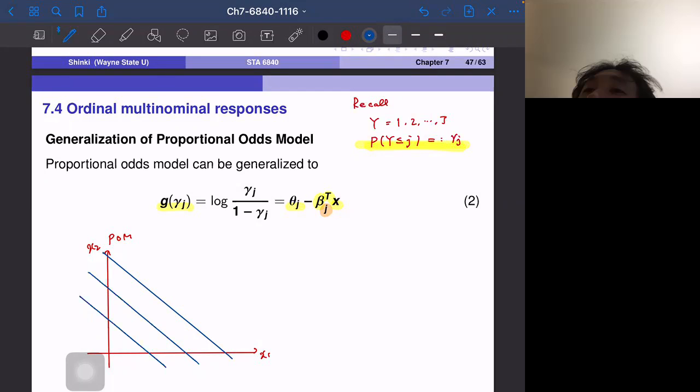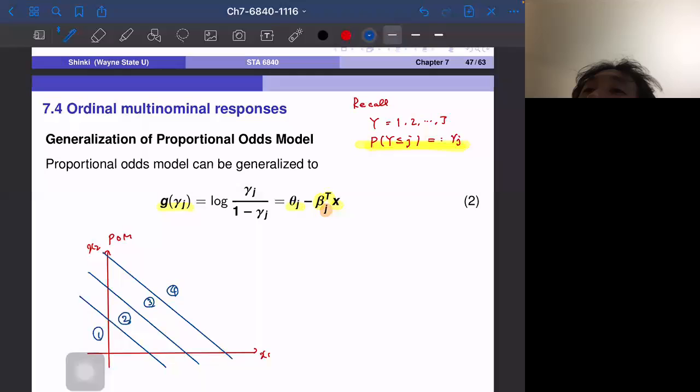So this is a space of predictors, and here we categorize observations as 1, 2, 3 and 4. But we assume that the thresholds are parallel for all categories.